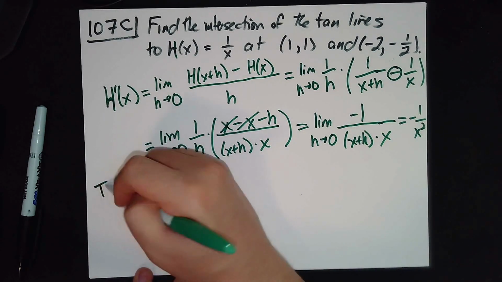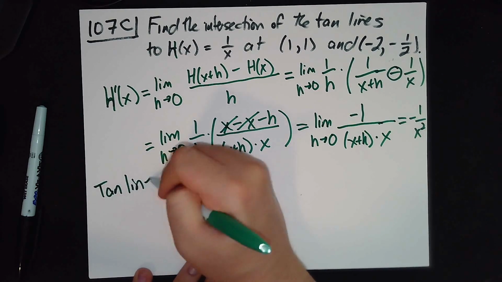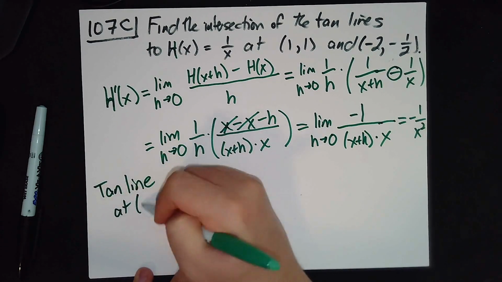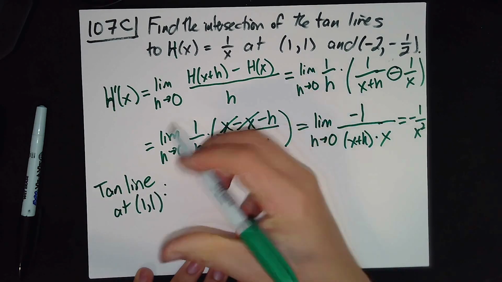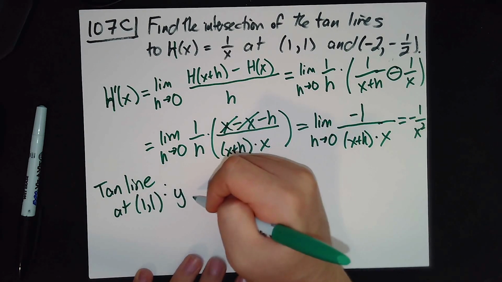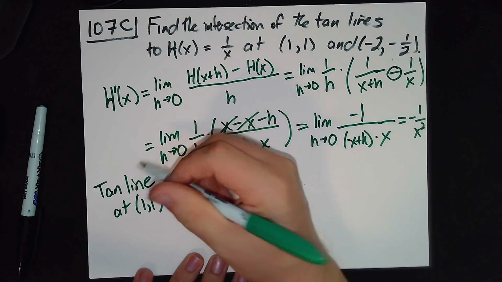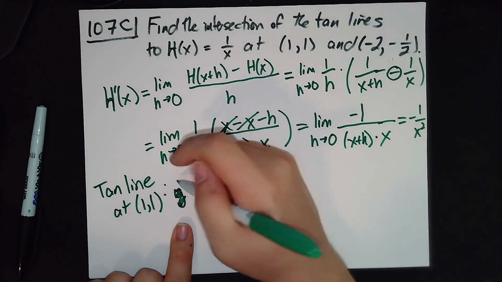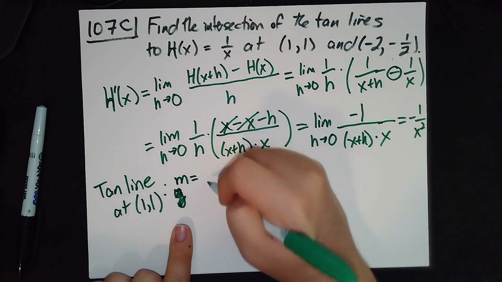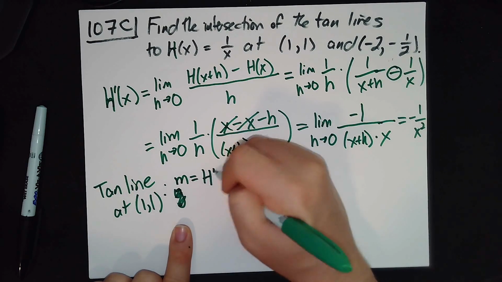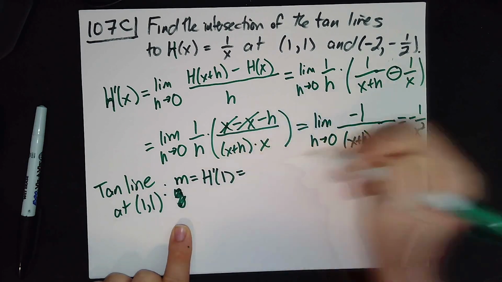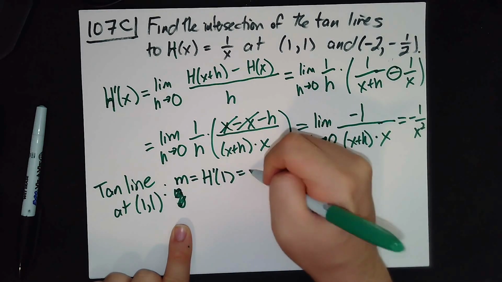So now I need to find the tangent line at (1, 1). Well, I need its slope, I should say. So its slope, remember, is given by h prime of 1, which by our formula here is minus 1.